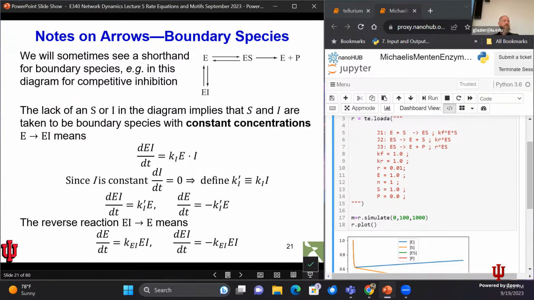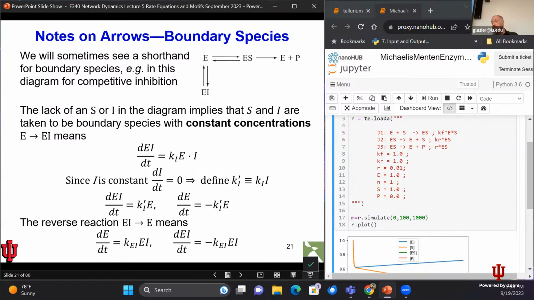There are other kinds of inhibition. For example, instead of having the I bind to E by itself, the I could bind to ES. So I could have a pair of arrows coming down from ES going to ES plus I goes to ESI, also a non-functional intermediate.